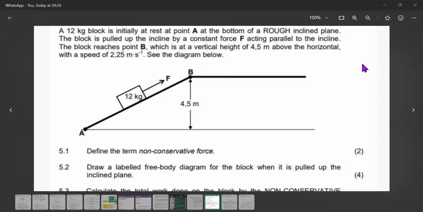So here they say a 12 kg block is initially at rest at point A at the bottom of a rough inclined plane. When they say the incline is rough, we understand that it means there is kinetic frictional force.